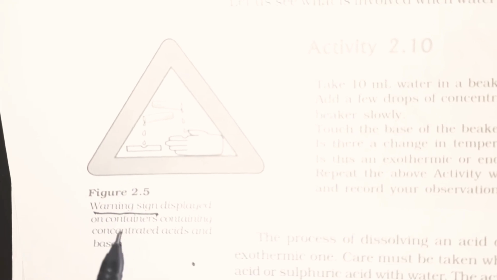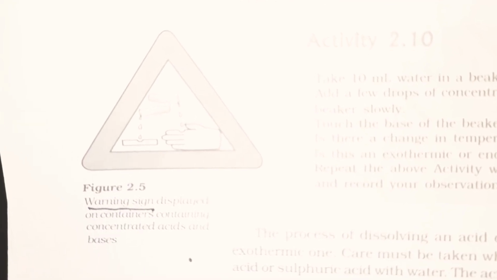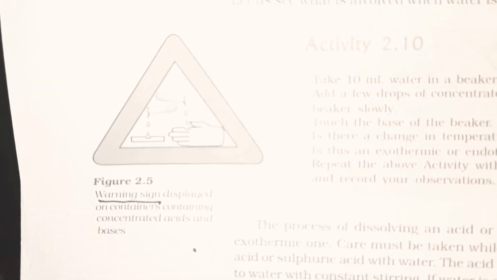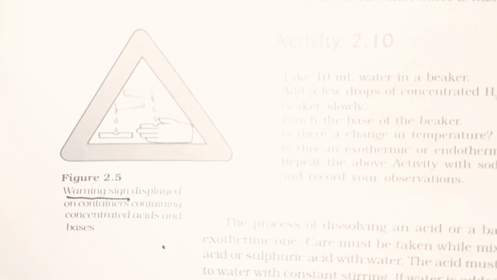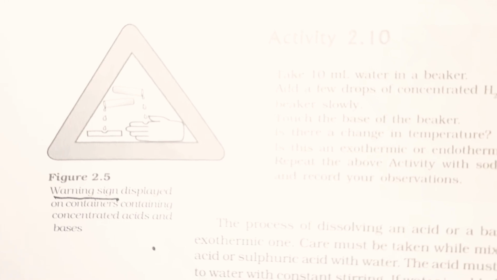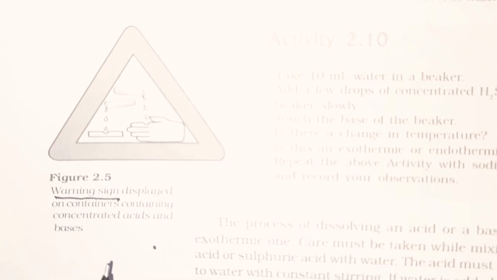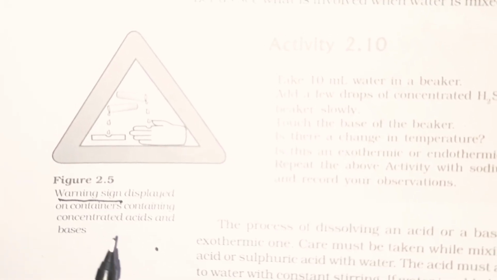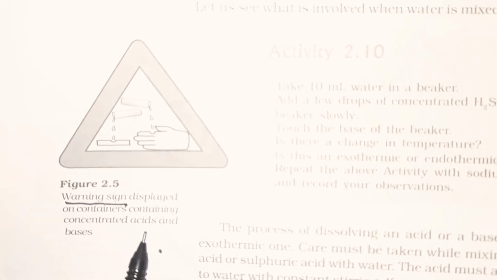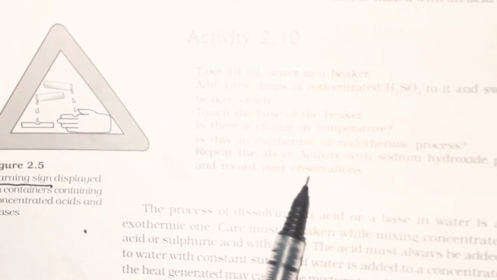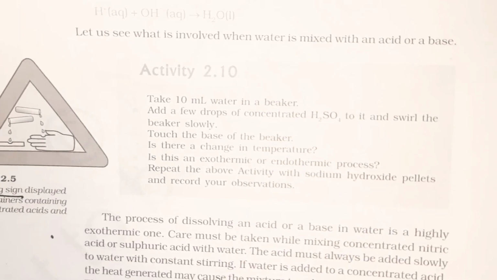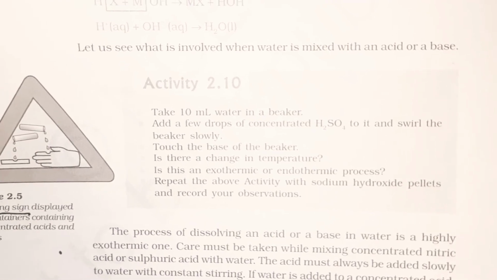This means that one has to handle sulfuric acid with utmost care. We cannot misuse or mishandle sulfuric acid. It is a very concentrated and corrosive acid, whereby we need to protect ourselves while we are dealing with sulfuric acid.